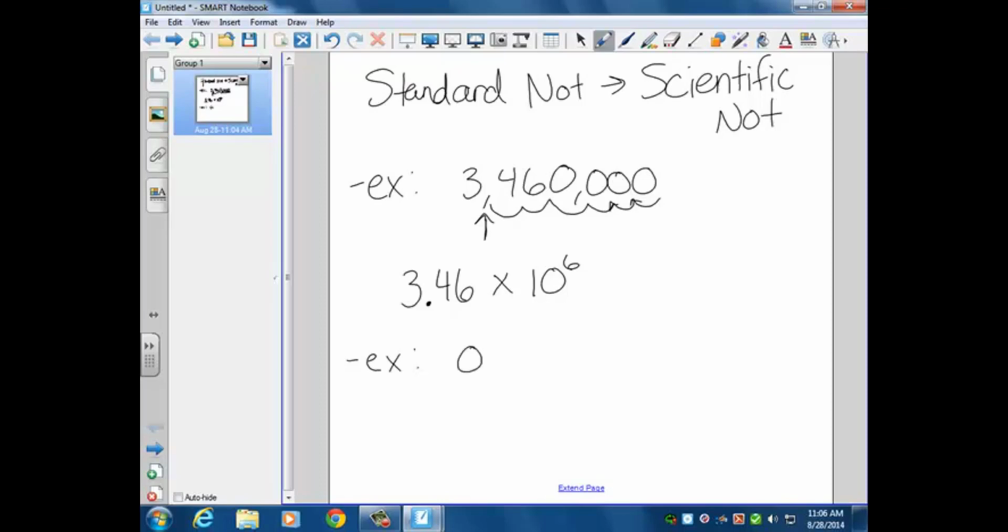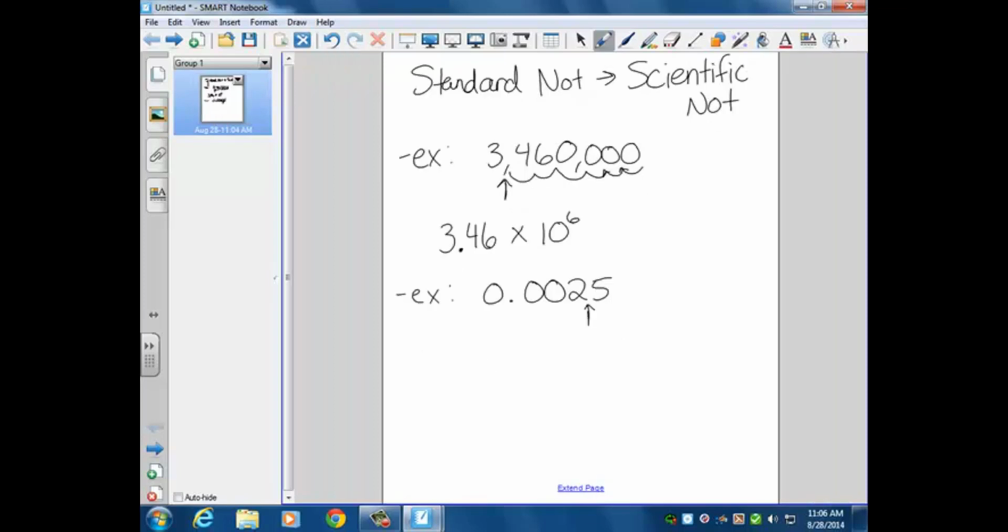Now how about 0.0025? Okay, so I want my decimal to have just a number in the ones place. So I'm going to want it right after that 2. So 2.5 is what I'm going to want for my number before the times 10 to the, now I have to look, I'm moving to the right 1, 2, 3 times to get between the 2 and the 5.